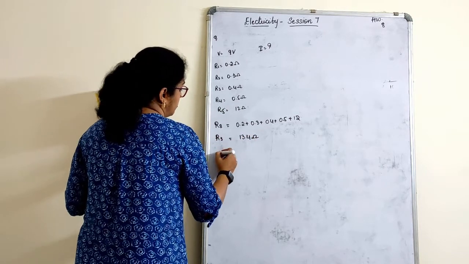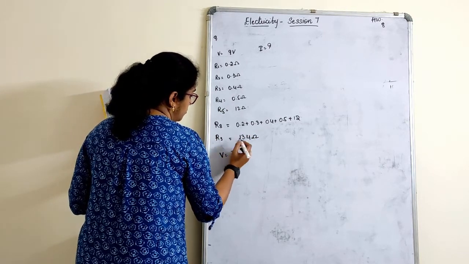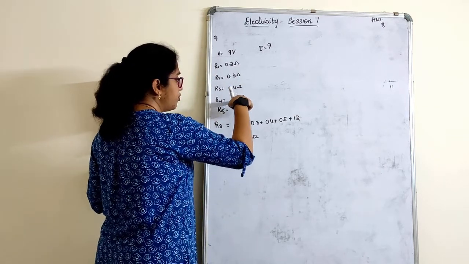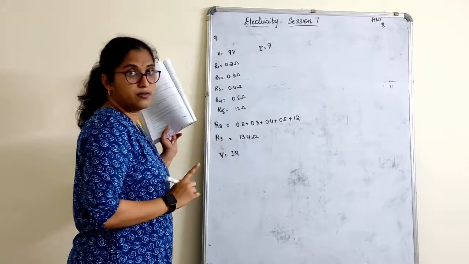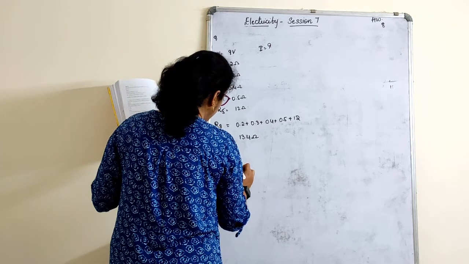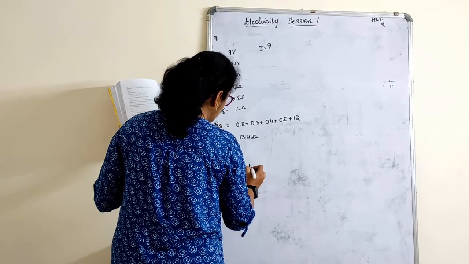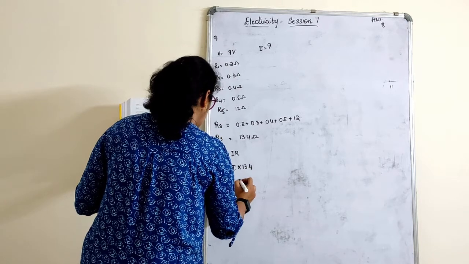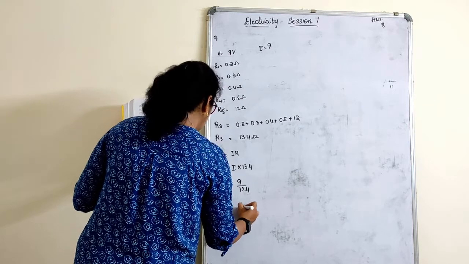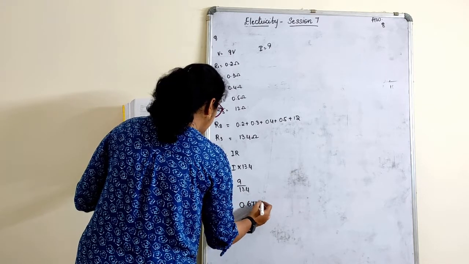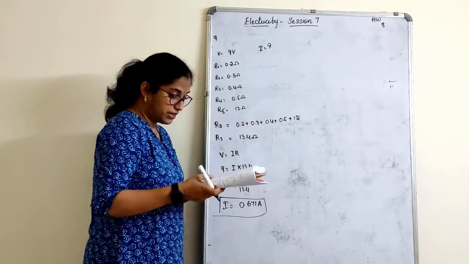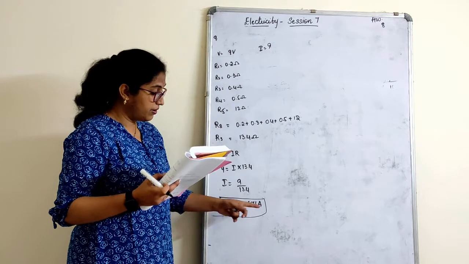Now we can do V is equal to IR. Whatever current is flowing through 12 will flow through this, because the maximum resistance is this. So what is V? 9. What is I? We have to find. What is resistance? 13.4. So current is equal to 9 upon 13.4. Long division. Answer is 0.671 ampere. Please give the conclusion. So the current flowing across the 12 ohm resistor is 0.671 amperes.